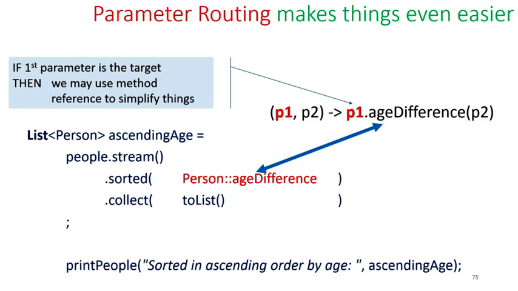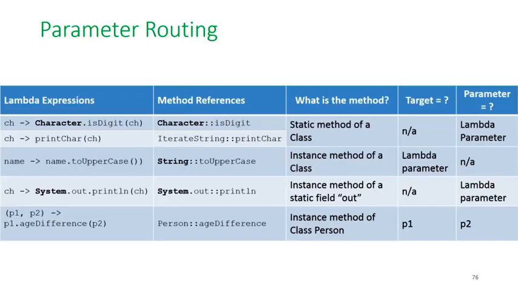So that means that if we go back to that table of ours that we introduced a few lectures ago, here's the updated table for parameter routing. The first three types of methods: static method of a class, instance method of a class, instance method of a static field. So pretty much we call an instance method on an object that we specify in the method reference syntax. All of those are the same as before.